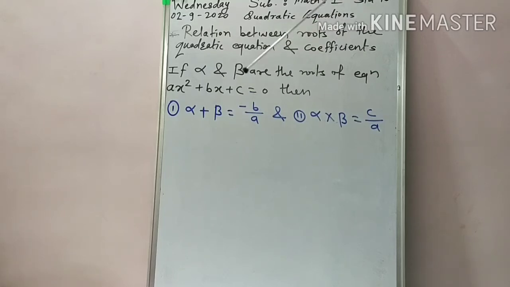Then we write down the relation according to the coefficients a, b and c. The addition of the two roots, alpha plus beta, is always equal to minus b upon a, and the product of the two roots, alpha into beta, we always get as c upon a.